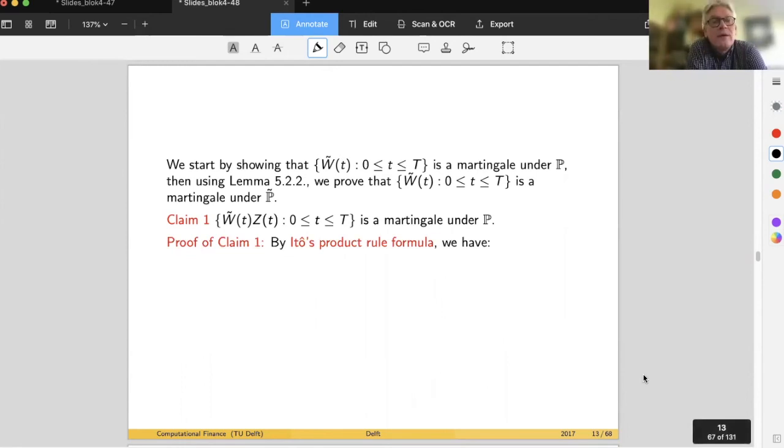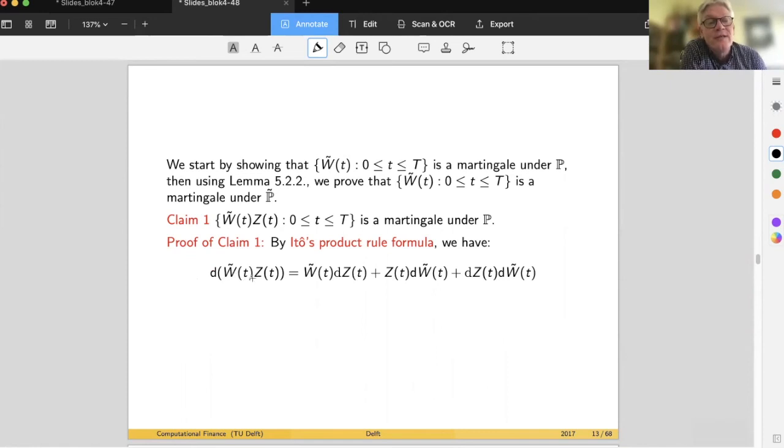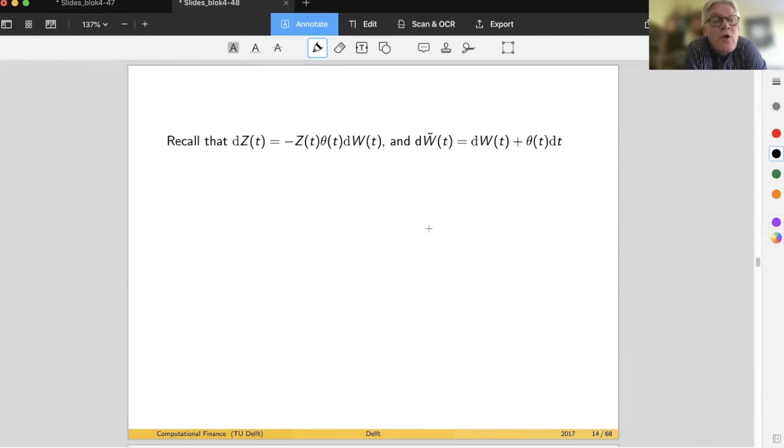And the proof of claim 1, we do that by Ito's product rule. We have the following, we have that d of W tilde T ZT is, by Ito's product rule, W tilde T dZT plus ZT dW tilde T plus the cross variation dZT dW tilde T. Now substituting everything we know, so recall that dZ is equal to minus Z theta T dWt, and moreover dW tilde T is equal to dWt plus theta T dt.